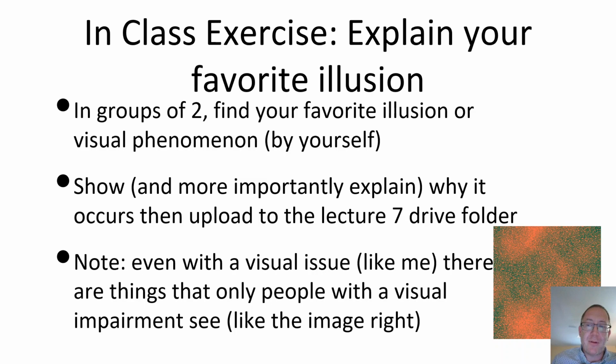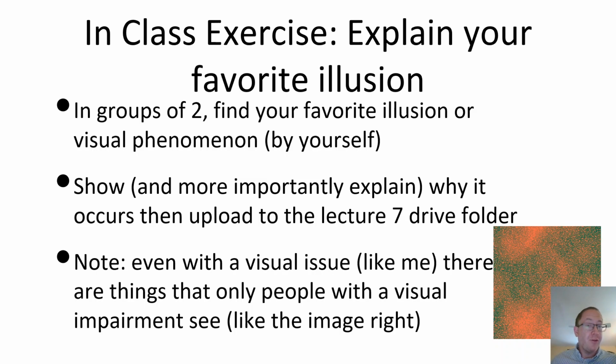You know those color blindness tests where you see a number in certain colors on a different color background? If you're red-green colorblind, you don't see a number. Well, this illusion right here is supposedly only visible to people that are red-green colorblind, or a certain kind of red-green colorblind. So if you see something here, I don't see anything. If you do, great, you see an illusion that no one else sees.